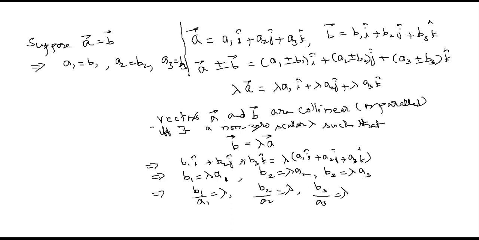Now they are equal. So therefore, vectors A and B are collinear if their ratio is equal to some constant.